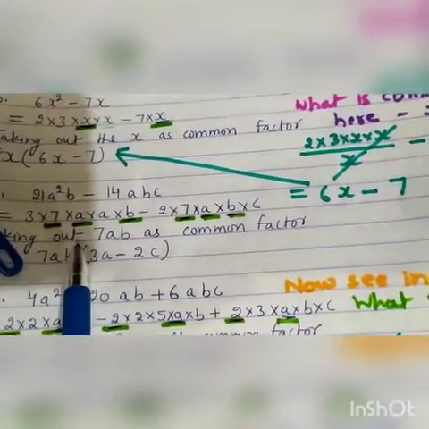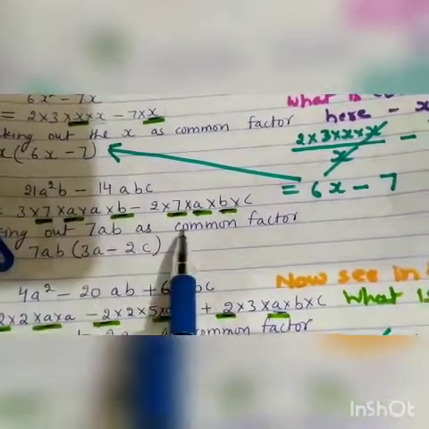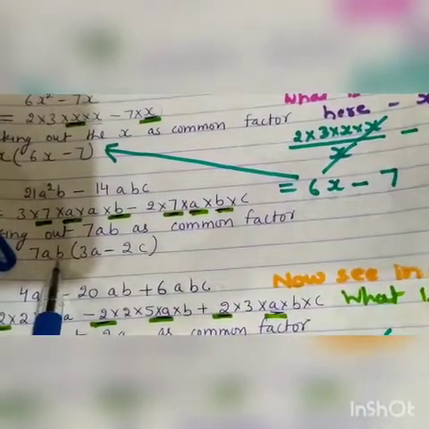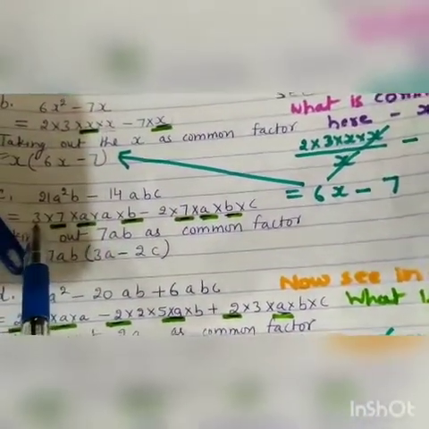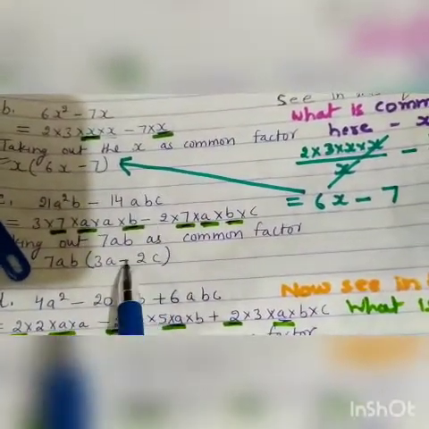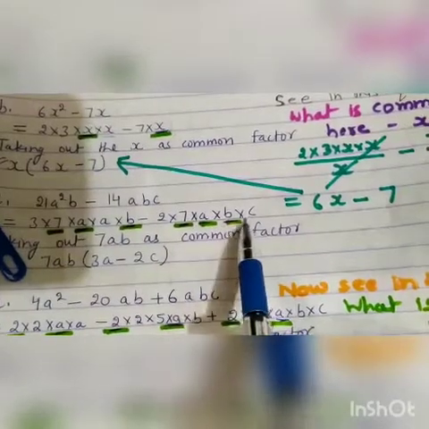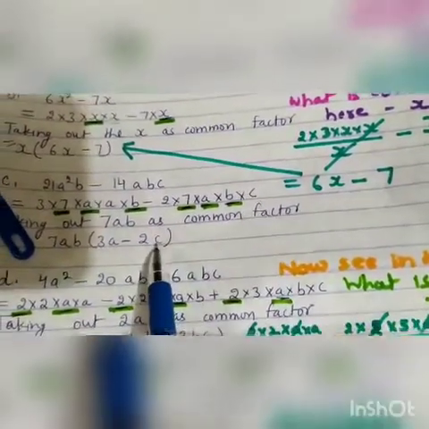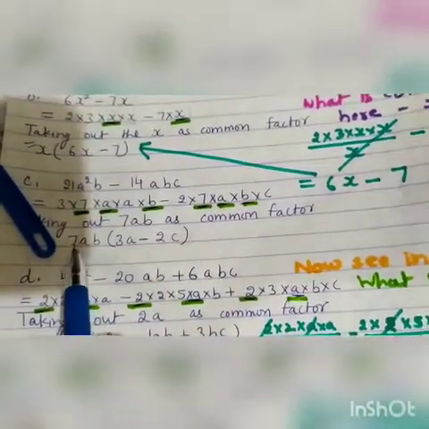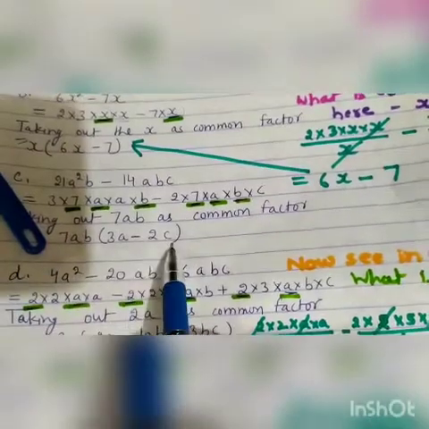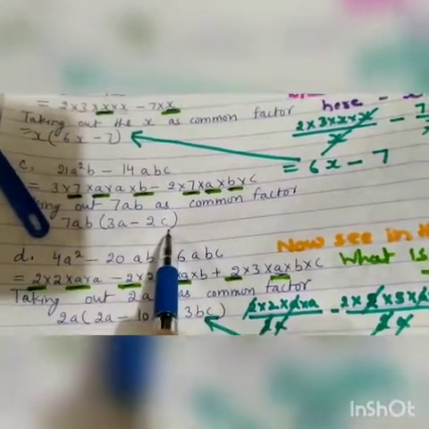So taking out 7ab as common factor, we write 7ab as common. Then what is left in the first term? 3a. Then minus, what is left here? 7ab is common, 2c is left. So what will be the answer? 7ab as common, then 3a minus 2c.